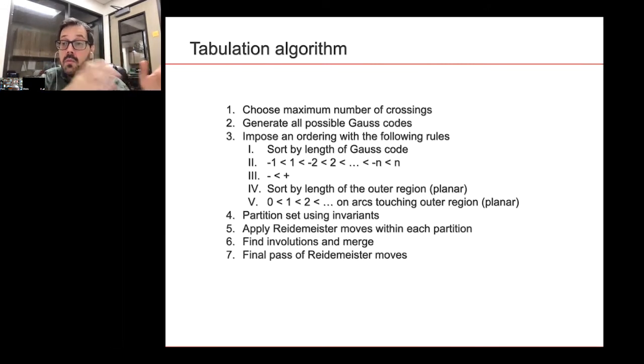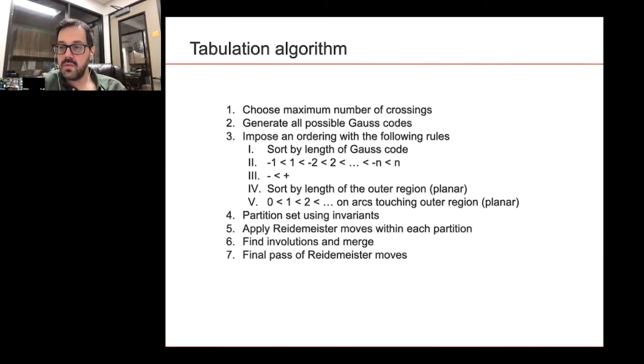And then we need to find all the involutions, and since we use strong invariants, all of them have different values of the invariant. We will merge them because the classification was up to involution, so all the involutions for us were the same Knotoid. And we do a final pass of Reidemeister moves in case we missed anything.